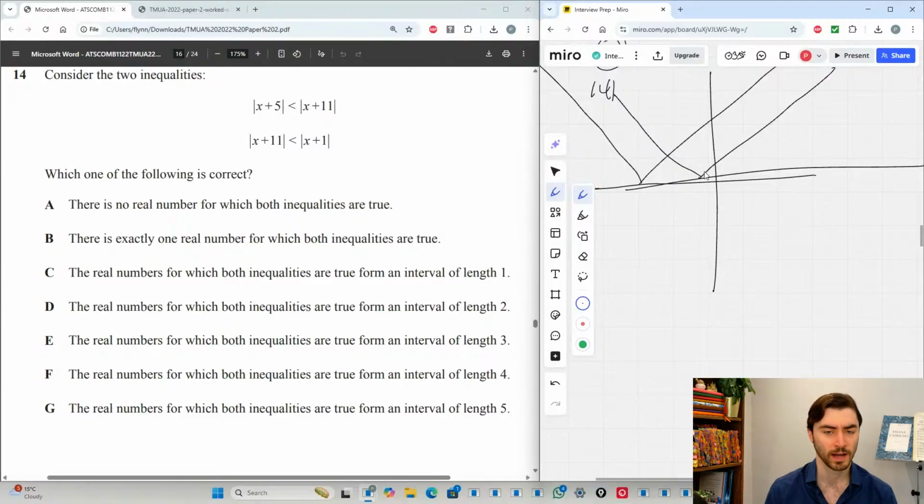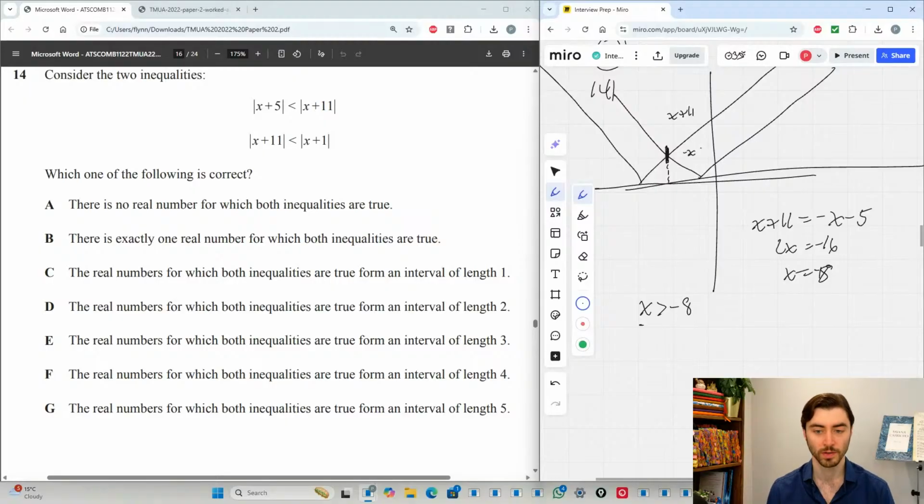And x minus 5 is less than this for all x's. So this one here is x plus 11. This is the negative case, so it's minus x minus 5. So where does x plus 11 equal minus x minus 5? When 2x is equal to minus 16, so when x is equal to minus 8. So this first inequality is true for all x bigger than minus 8.